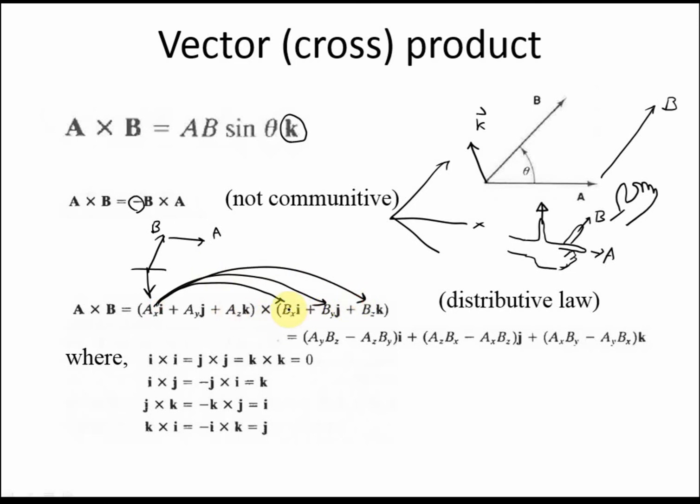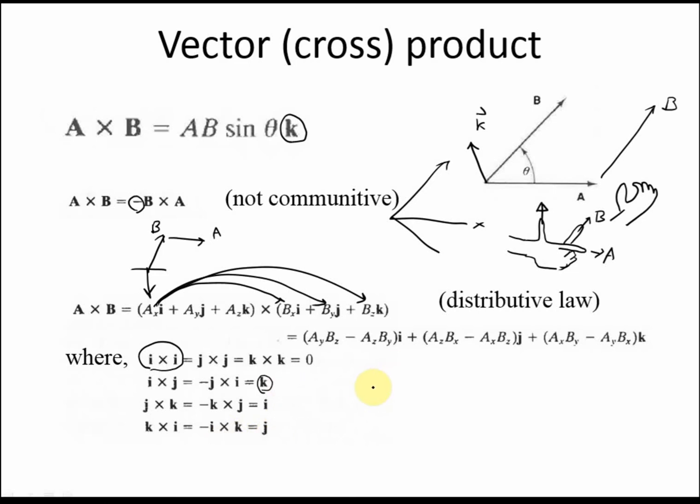Then you can compute all the magnitudes, and if you look at i cross i, it will be 0 because the angle between them is 0, and i cross j becomes k, and i cross k becomes minus j.